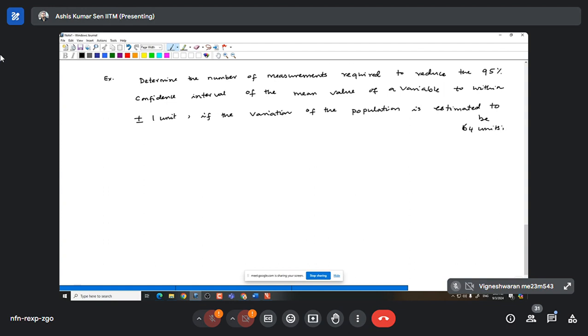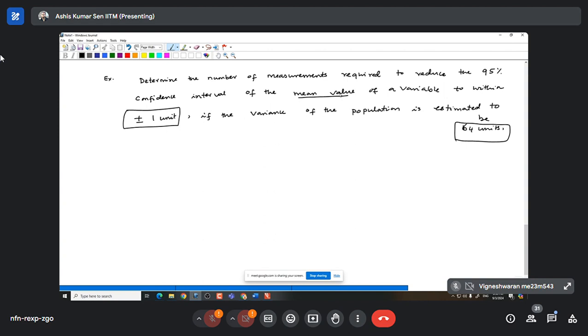Okay, so it says that you have the variance. So you have a number on the variance, and you want to ensure that the confidence interval is only plus minus 1 unit above the mean value.